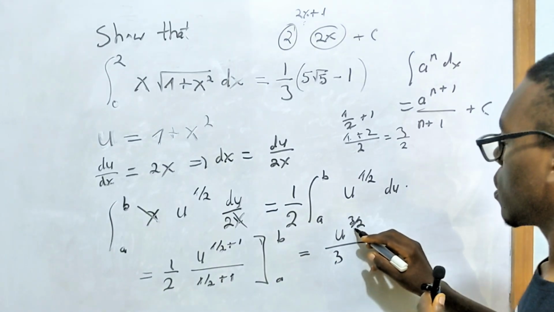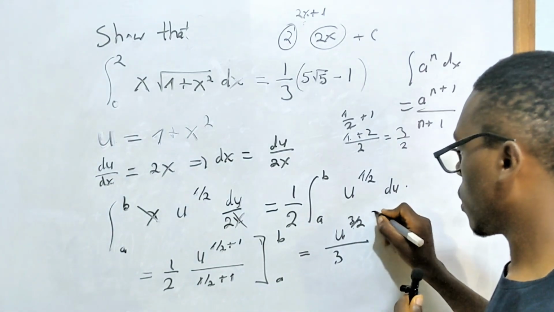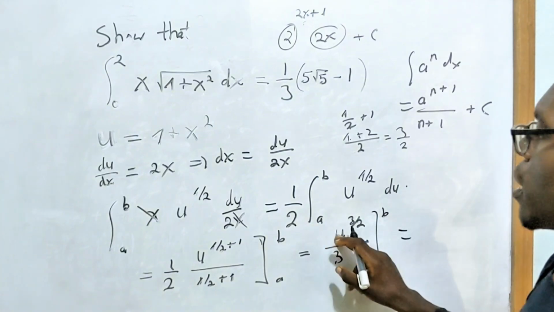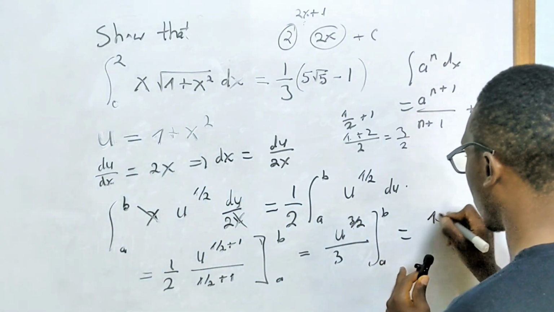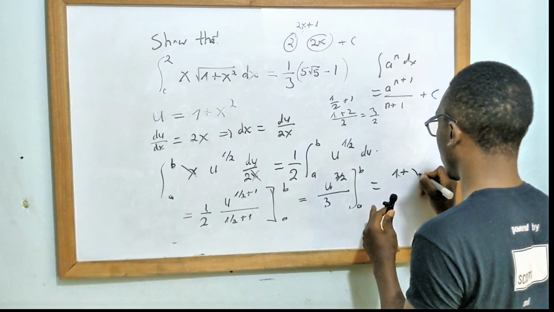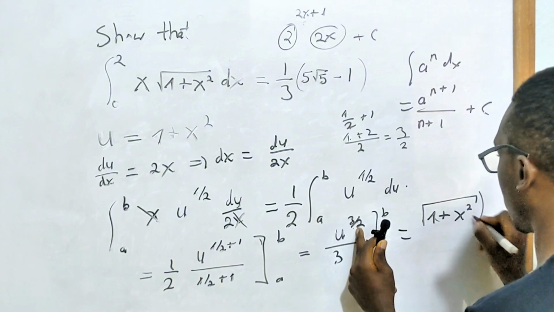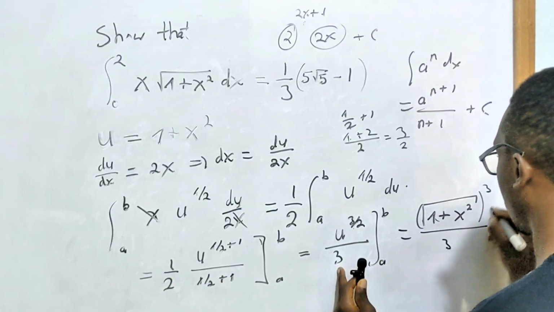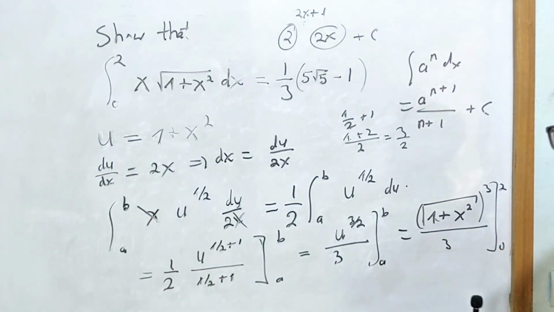This can be represented with range a to b. We can then remove this and substitute back our u, which is 1 plus x squared. This one will be the square root, all that cubed over 3, with range from 0 to 2.